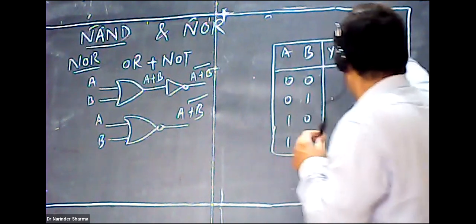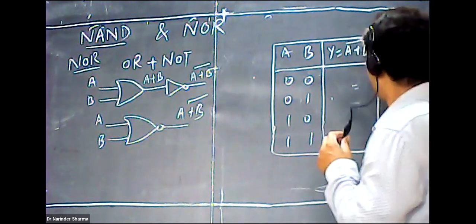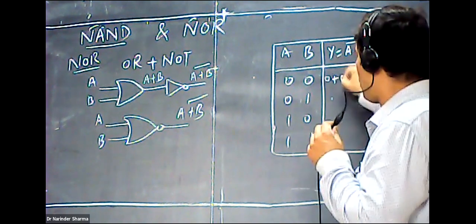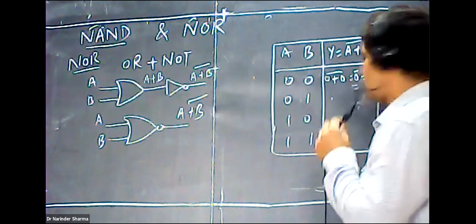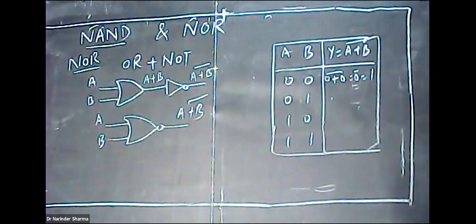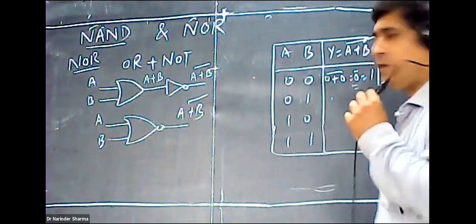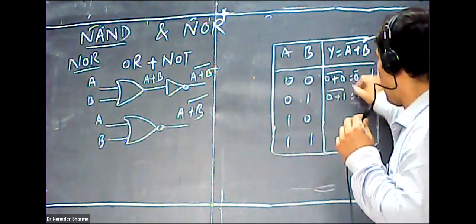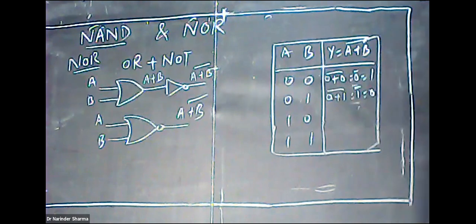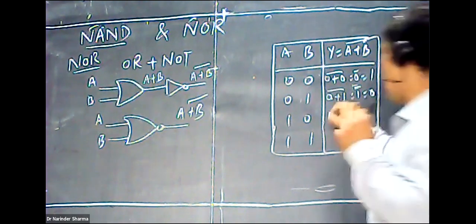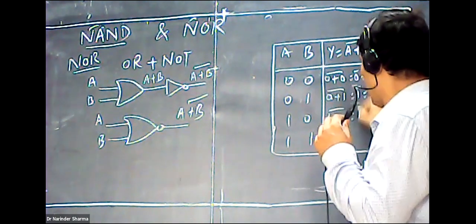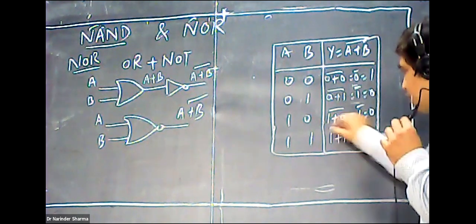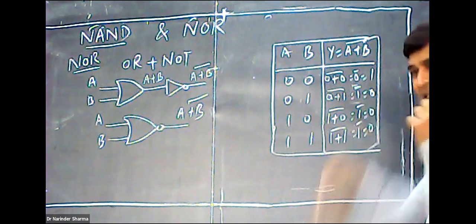Now (A plus B) bar: (0 plus 0) bar is equal to 1. (0 plus 1) bar is equal to 0. (1 plus 0) bar, 1 bar is equal to 0. (1 plus 1) bar is equal to 0.